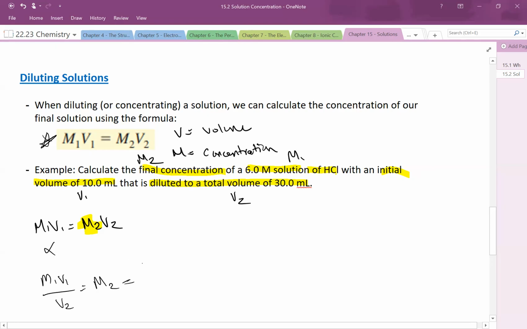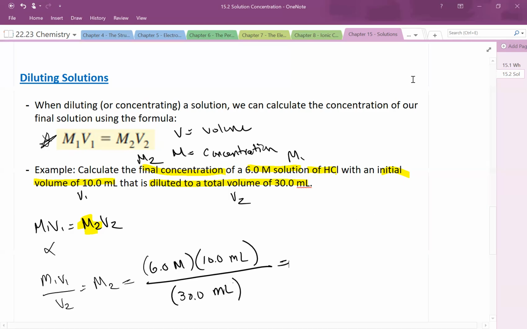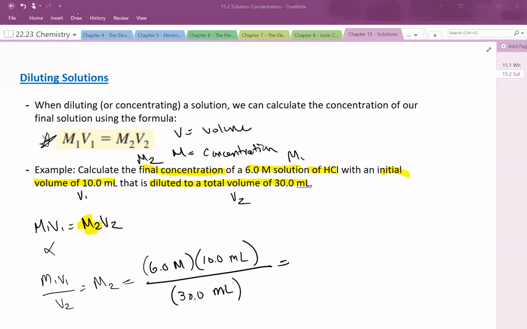So that means plugging in my 6.0 molar times my initial volume of 10.0 milliliters, divided by my final volume of 30.0 milliliters. And I'm going to get an answer of 2.0 molar HCl solution.